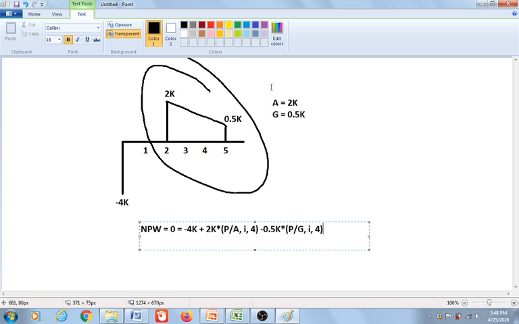But remember, this part of the equation happens in year 1, and we need to bring everything to year 0. So we need to multiply everything here by P over F, I, 1.